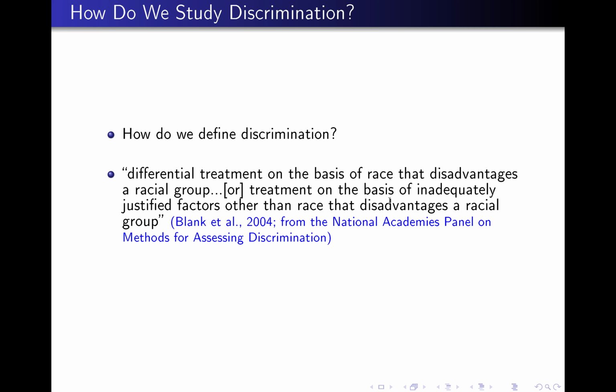So when we think about this definition, they've laid out a causal pathway, they've shown us the treatment manipulation, the race part, and we can see with our outcomes from our experiment what that disadvantage might be. And so I think it's pretty easy to see how, when you look closely at a definition, this is a pretty strong opportunity, and this is why there are so many correspondence audits on discrimination.